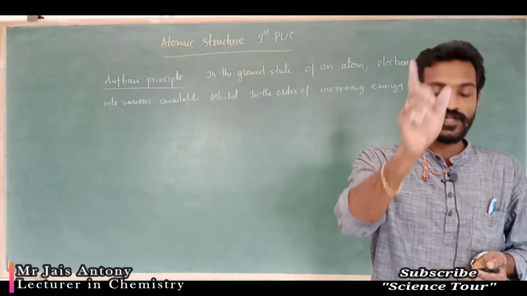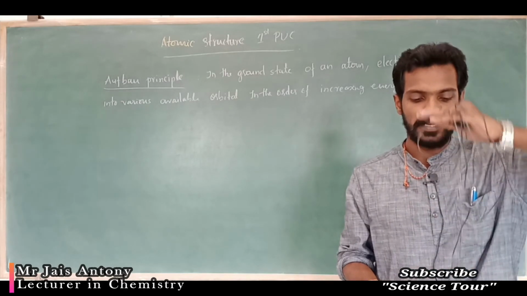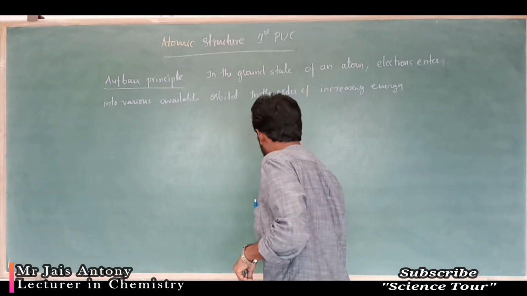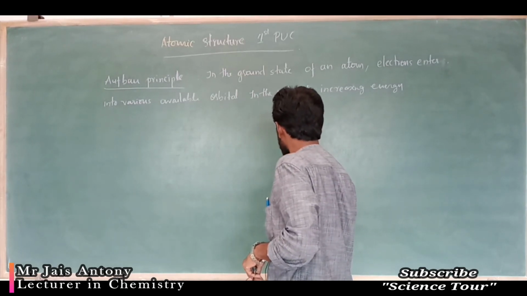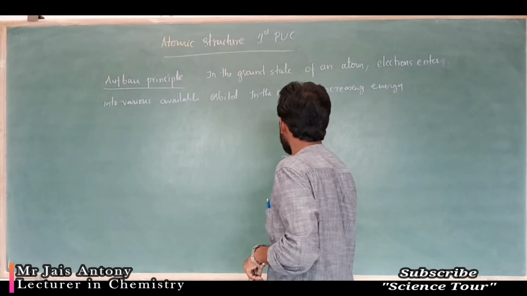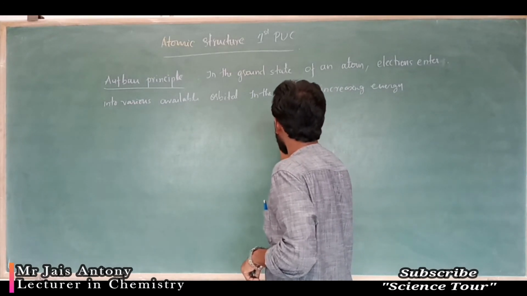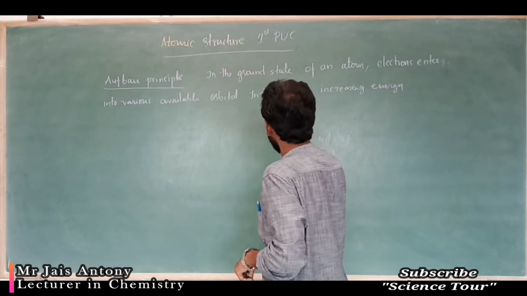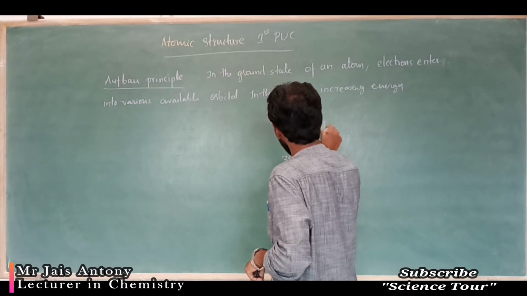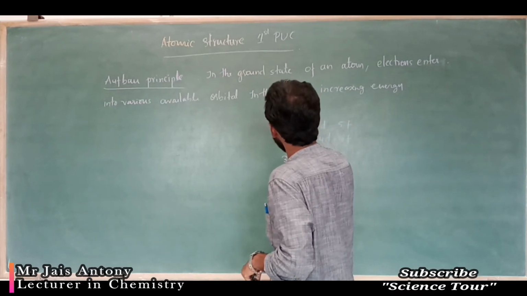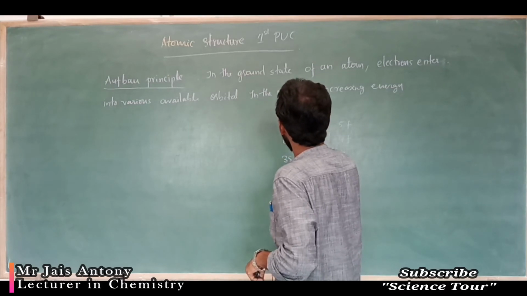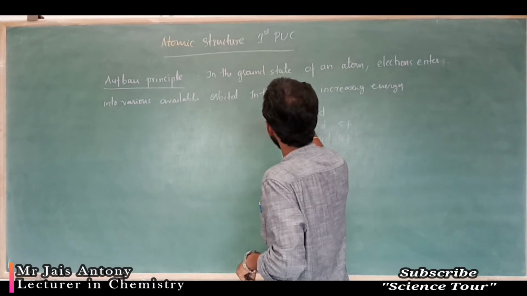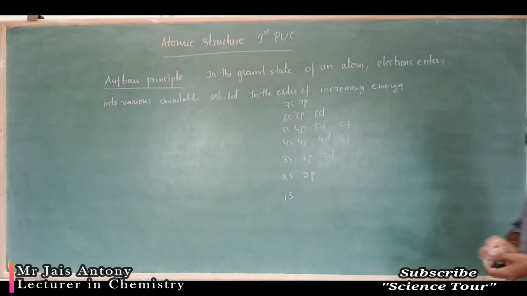So I'll give you the order: 1s, 2s, 2p, 3s, 3p, 3d, 4s, 4p, 4d, 4f, 5s, 5p, 5d, 5f, 6s, 6p, 6d, 7s, 7p. How does the electron filling take place?